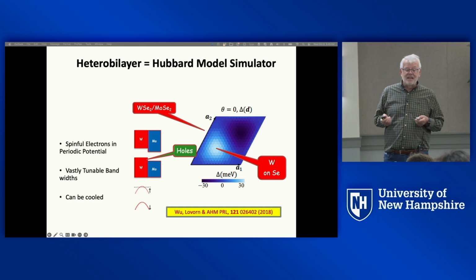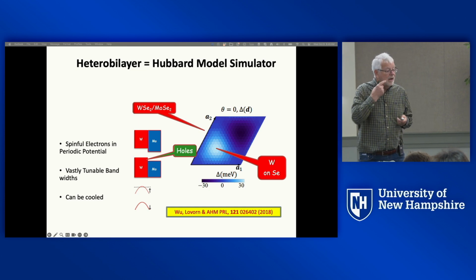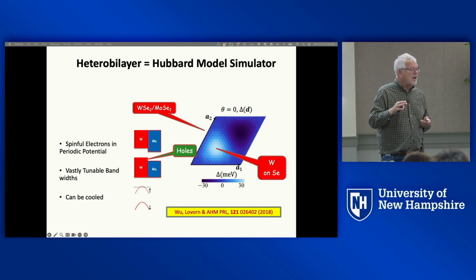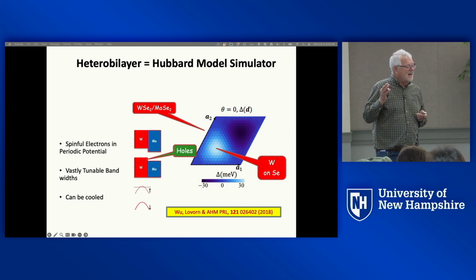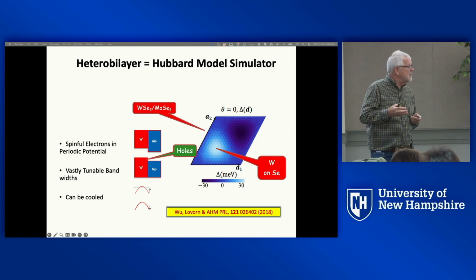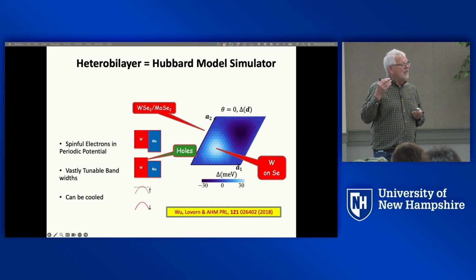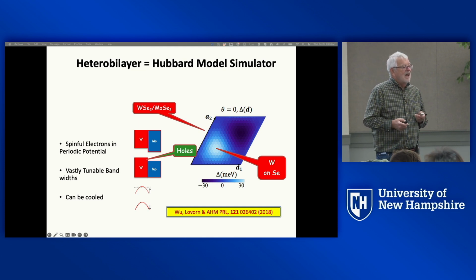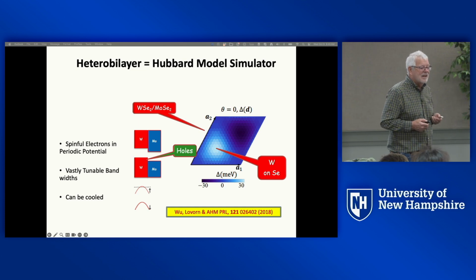In the TMDs, it turns out that this structure has broken inversion symmetry, and so spin degeneracy is lifted. There's only one state in a given valley at each momentum. And the moire Hamiltonian in that case is very simple. So it's very simple to build a phenomenological model.